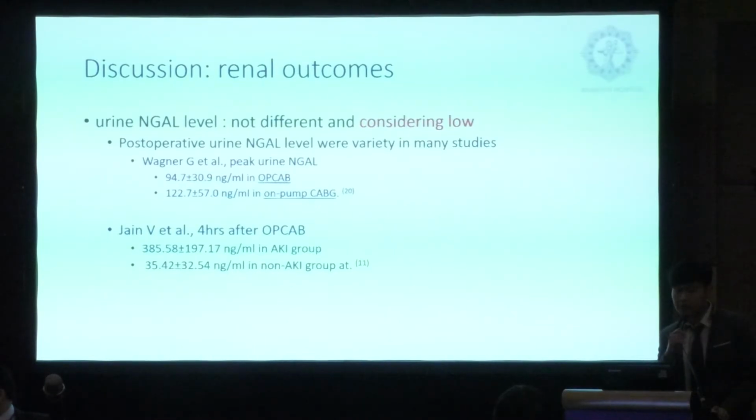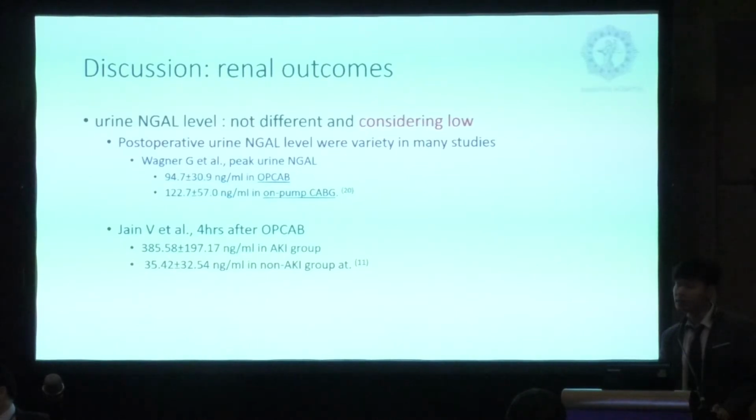In the previous study, the mean urine NGAL in OPCAB patients was about 100 in OPCAB and about 120 in on-pump CABG. And in the paper of Visual Jain, the mean urine NGAL in the AKI group is about 400, and in the non-AKI group about 35.